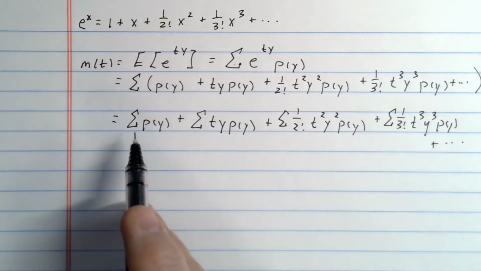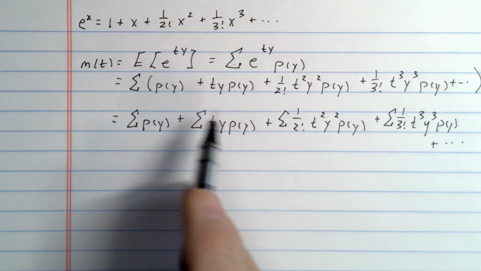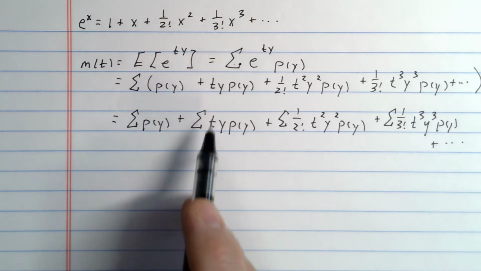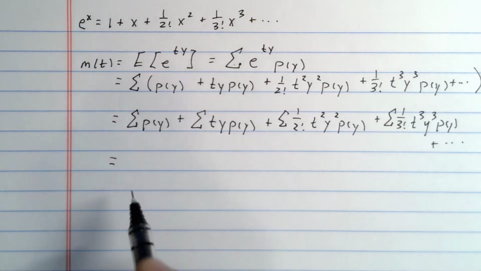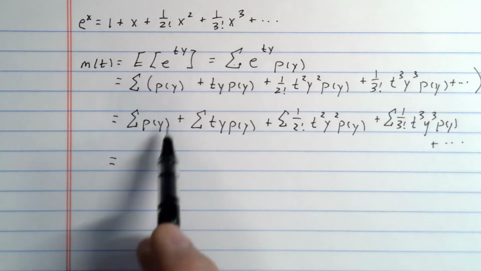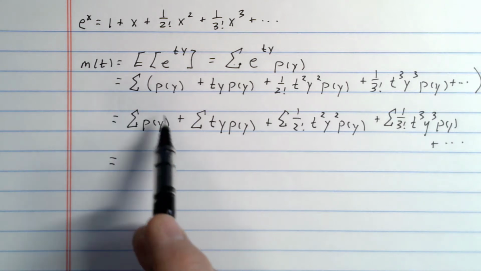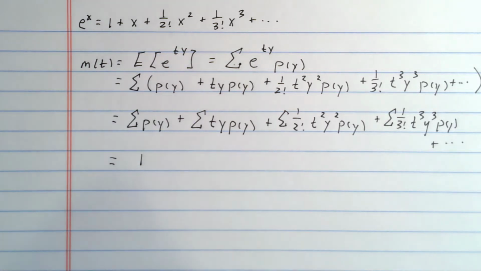Now remember, these summations are over the values of y. They don't involve t, so in terms of the summation, t is like a constant, and I'm going to bring that outside. And we can also do some simplification here. Here we have the summation of p of y over all possible values of y. That's just adding up all the probabilities over all the possible values of the random variable, and we know that that's just going to be 1.